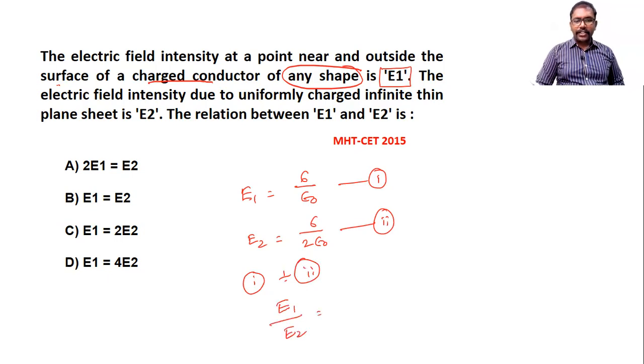When we divide these two, sigma upon epsilon 0 cancels on the right hand side. So we get 1 upon 1 by 2, so it is 2. So E1 is equal to twice E2. This is the answer, and it is written in option C. So option C is the correct answer for this question.